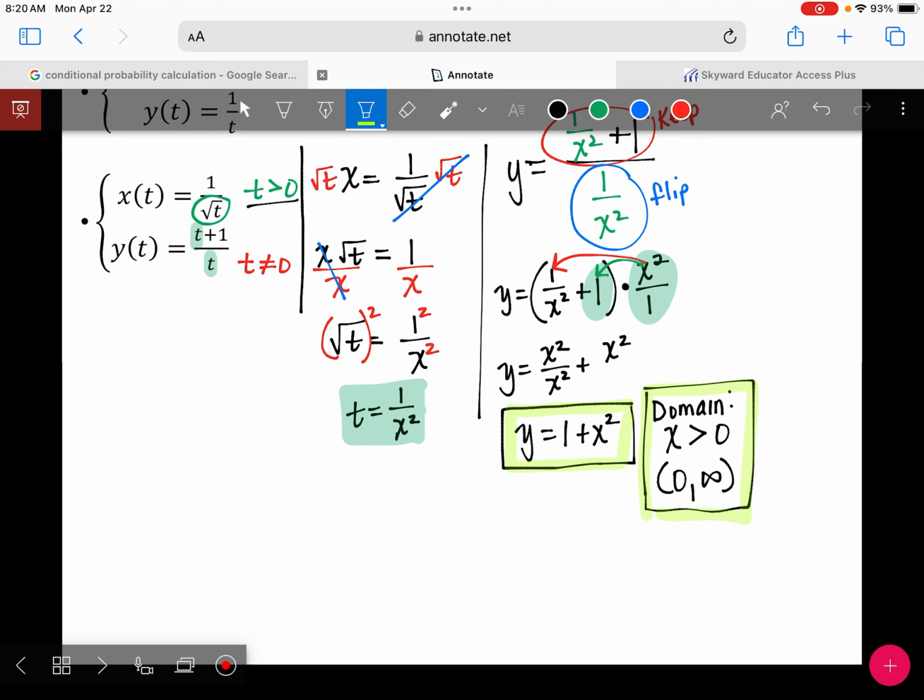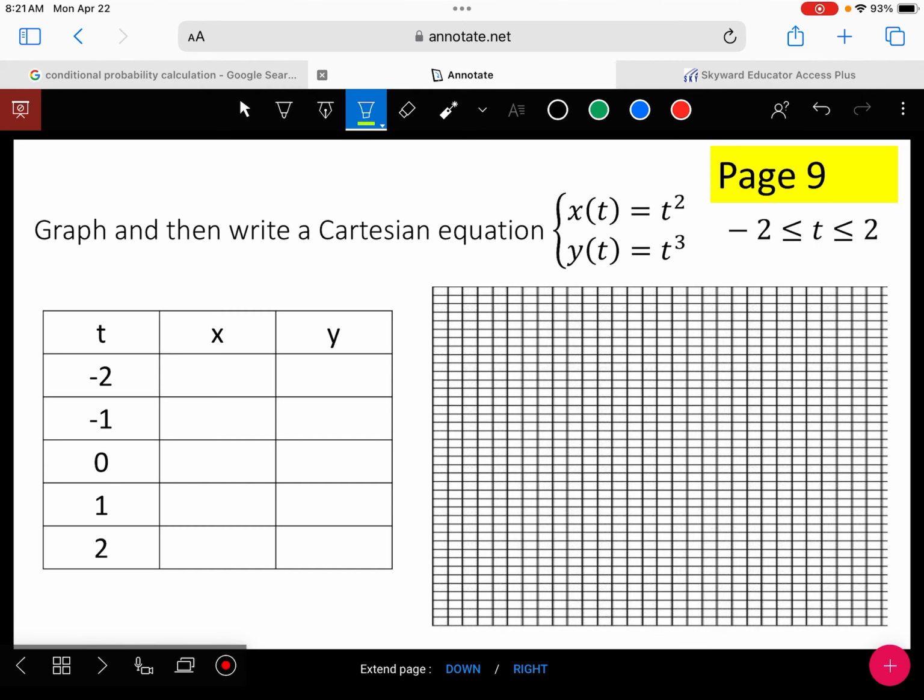All right, so now let's go ahead and make your table. We'll finish this out. We'll do our graph. Go ahead and create this table. And again, we're using the interval which said -2 to 2. And that's why we did -2 to 2.